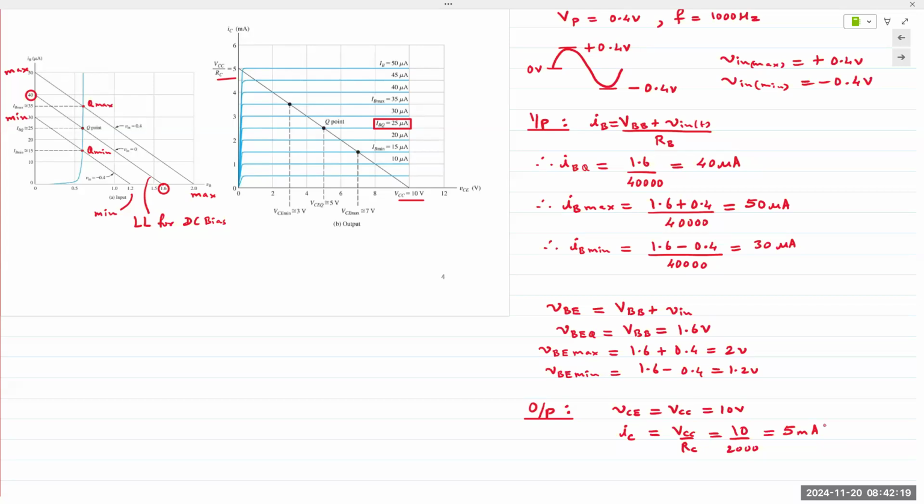We are straight away going to find the intersection of the Q point on the three values of IB that we found. If I plotted them side by side and resized it so it's to scale, essentially what we are doing is we are looking at these points right there.